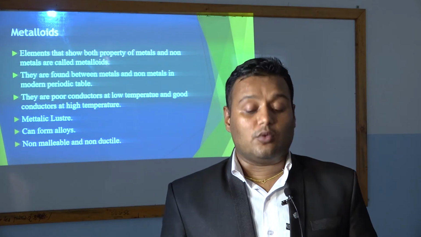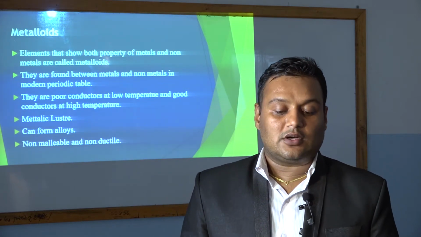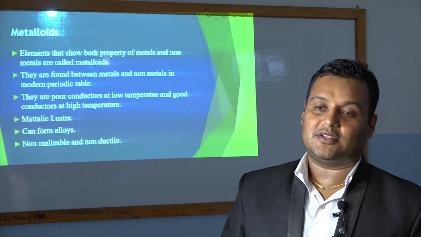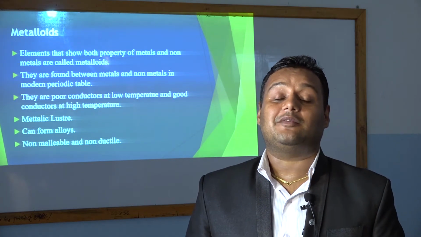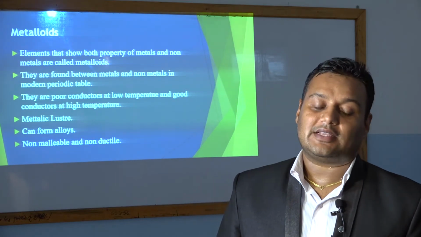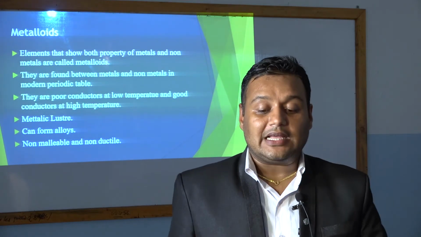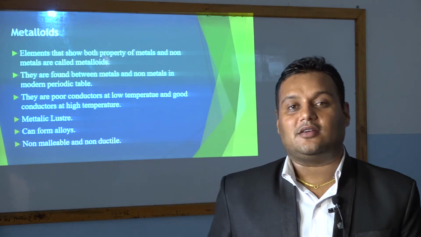They are poor conductors at low temperature and good conductors at high temperature. Look at this. In the case of conductivity of heat also, they show two types of character. Sometimes they are good conductors and sometimes they are bad conductors.